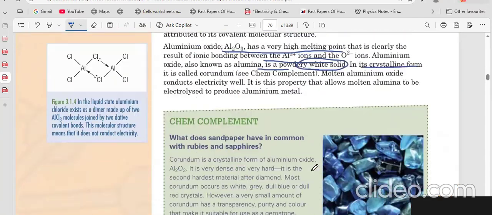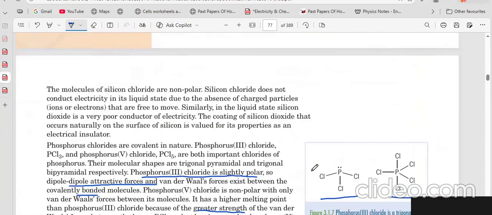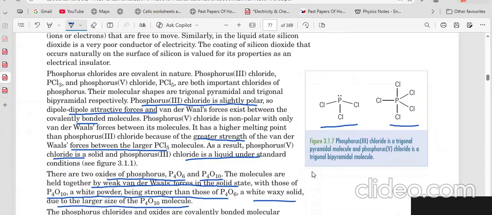Now, why does that happen? Both PCl3 and PCl5 are covalent. This is the structure of PCl3, which is polar with dipole and van der Waals forces, and PCl5 is non-polar with only van der Waals forces. PCl5 has a higher melting point than PCl3 because of the greater strength of the van der Waals forces between the larger PCl5 molecules.